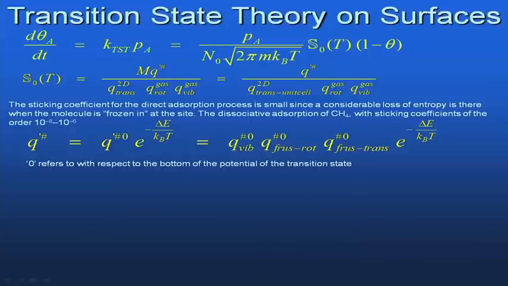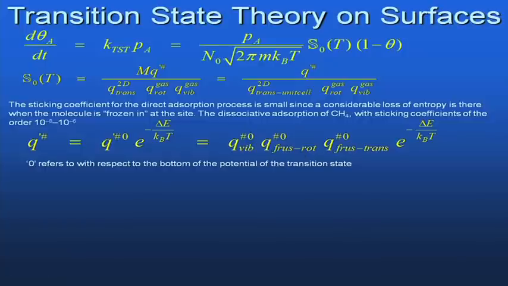Okay. Now what is this q prime double dagger? Q prime double dagger can be written as q prime double dagger 0 with an exponential quantity, and of course there is vibration, frustrated rotation, and frustrated translation.